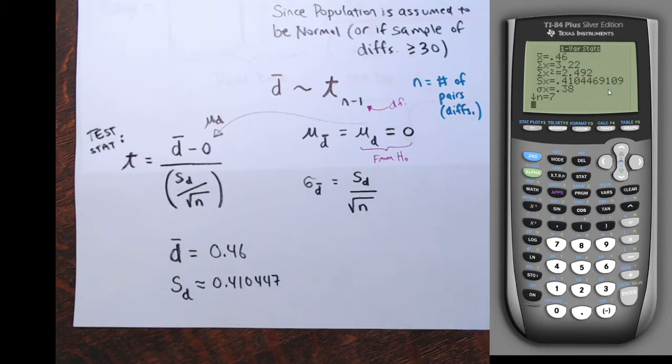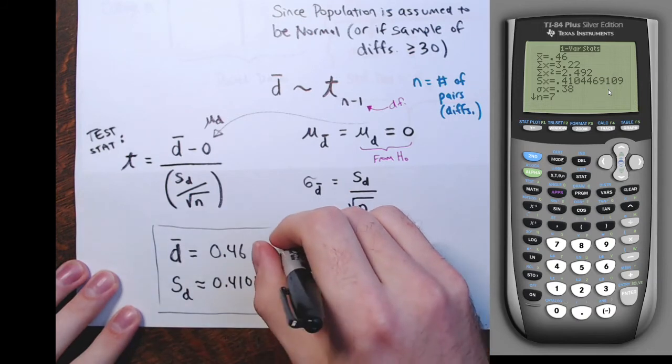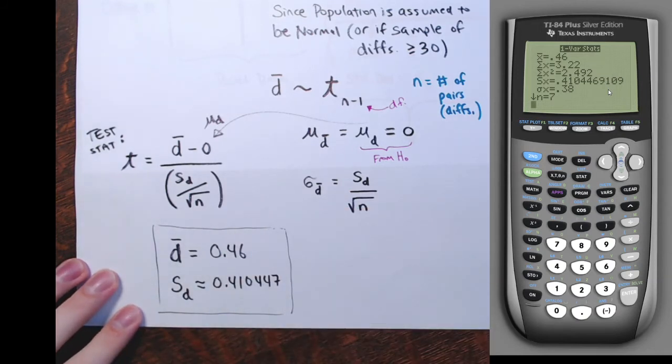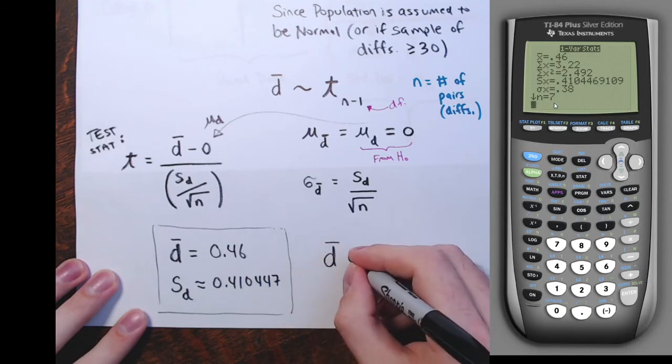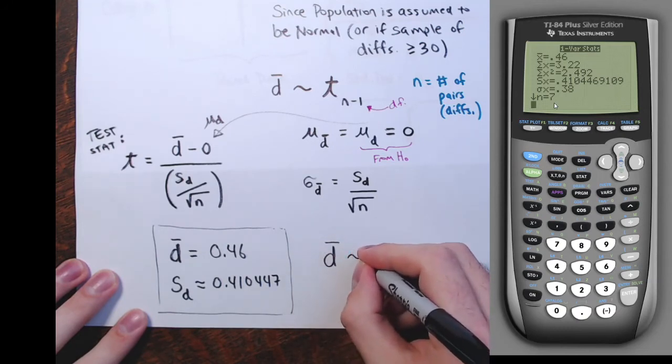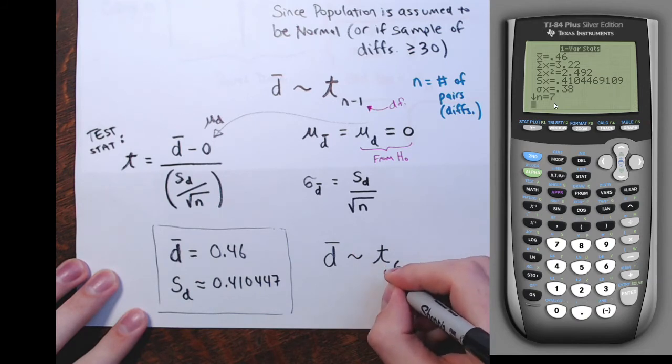All right, so now I have the mean of the sample differences, the standard deviation of the sample differences. Now n is 7. There are 7 ordered pairs here. There are 7 differences. So the distribution of the d bars will be a student's t distribution with 6 degrees of freedom.